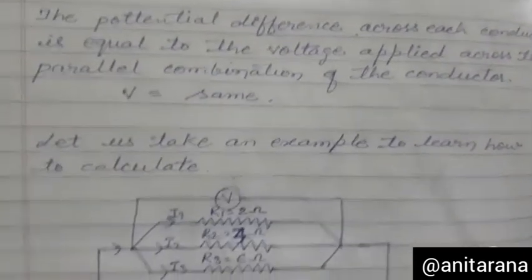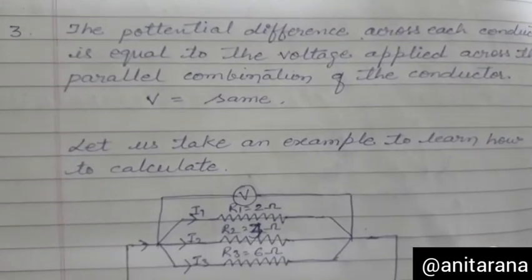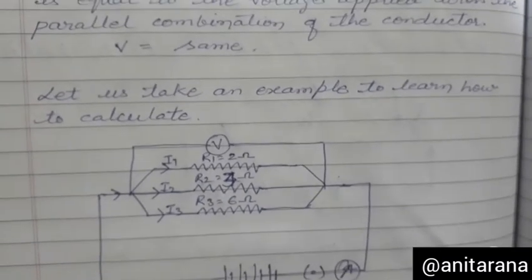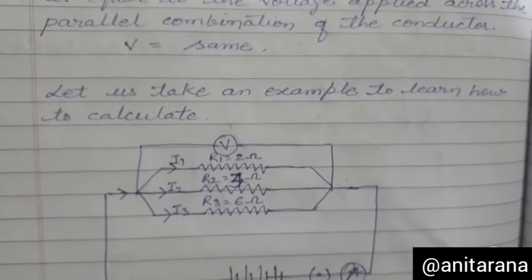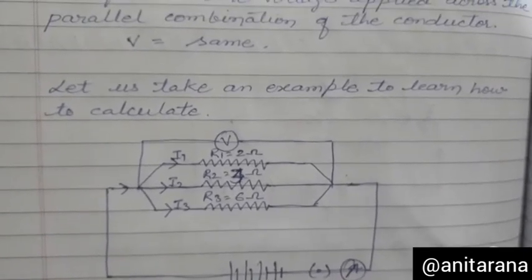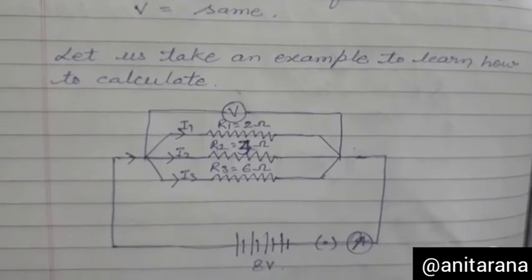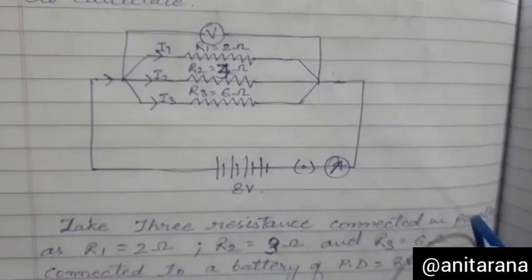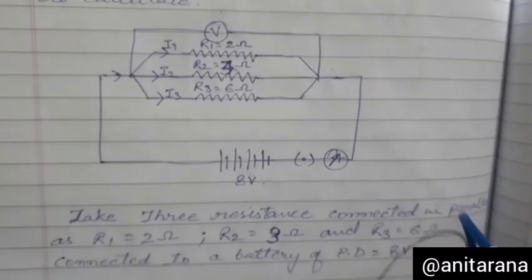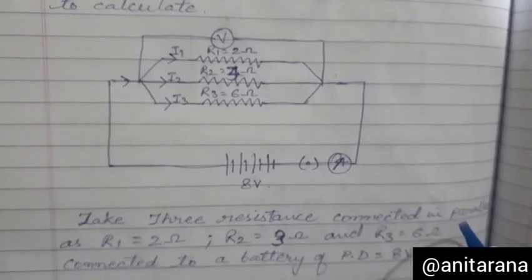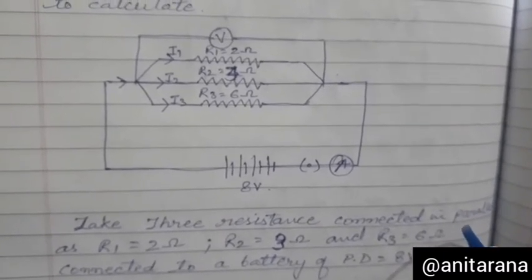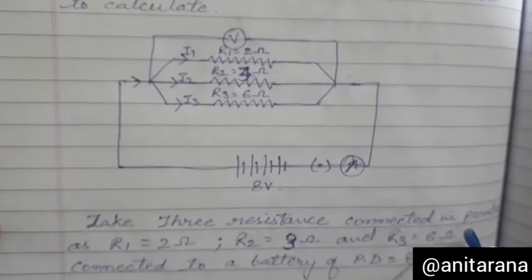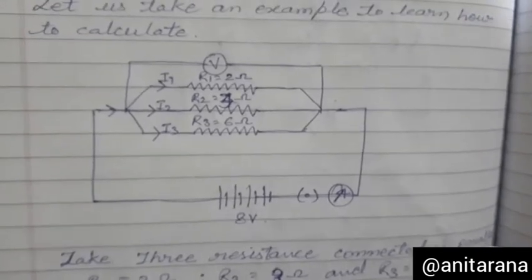Now how do we calculate the resistance? Let us take an example to learn how to calculate the resistance in a parallel connection. Here again is the same diagram. We are given R1 equal to 2 ohm, R2 equal to 3 ohm and R3 equal to 6 ohm, whereas the PD across the conductor is 8 volt.